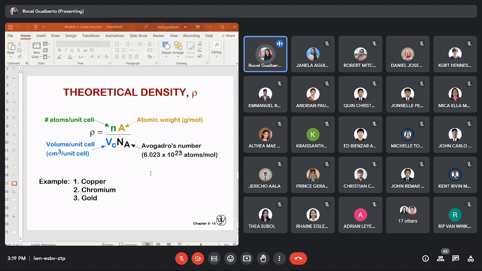So paki-review nyo po lahat ulit yan. Same thing with the number of atoms per unit cell and the relationship between a and R. So let us move forward sa module 2 na ito.